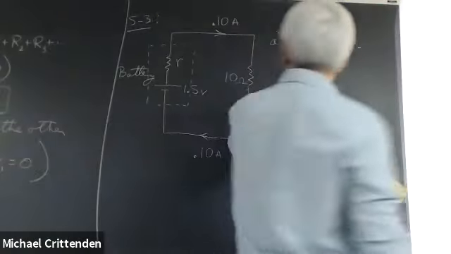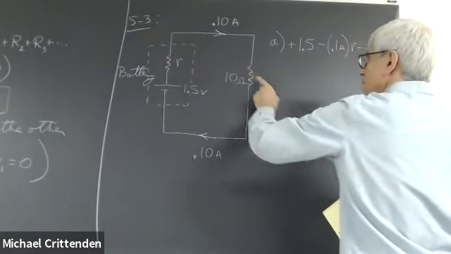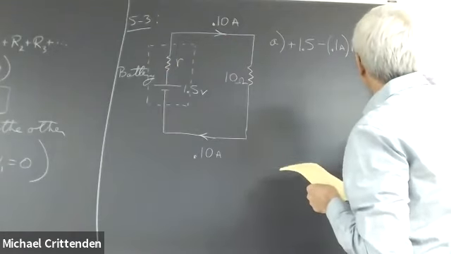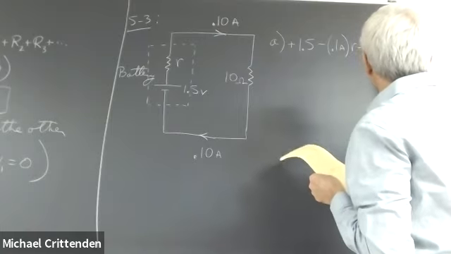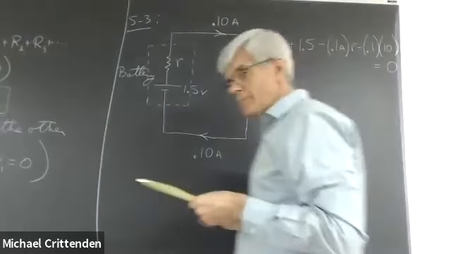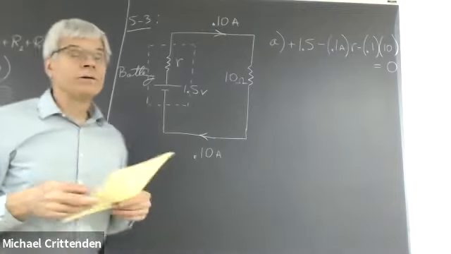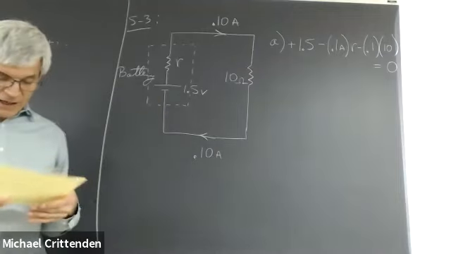So I times R for this resistor, and then I times R for that resistor. Summation of the voltages is 0. Well, the only unknown in that equation is the internal resistance, which is what the question asked for.